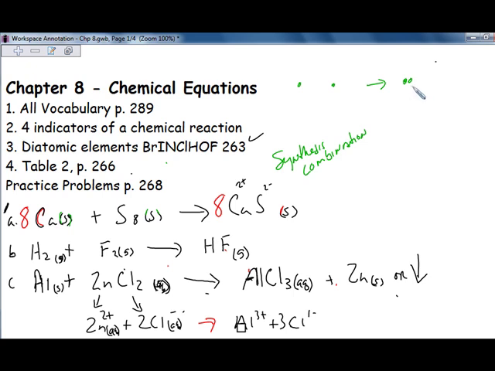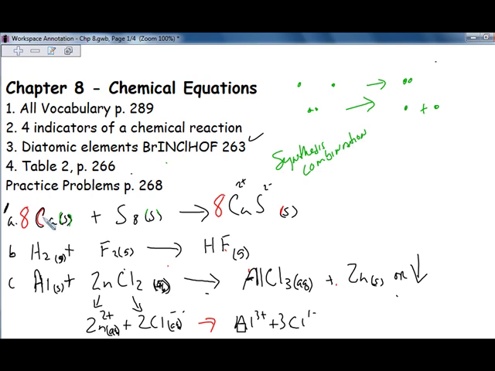In other words, bonds are formed. Now, if we took this and turned it around backwards, so we have these 2 atoms bonded together, and we add heat or whatever, and we end up with 2 products, then that would be the opposite, and that would be decomposition. So those are 2 types.